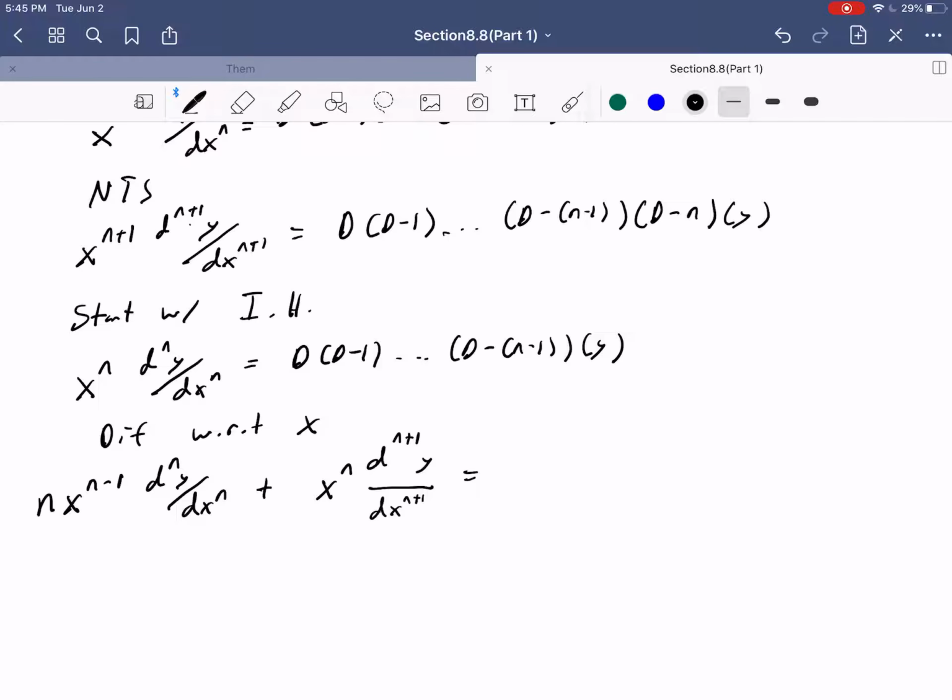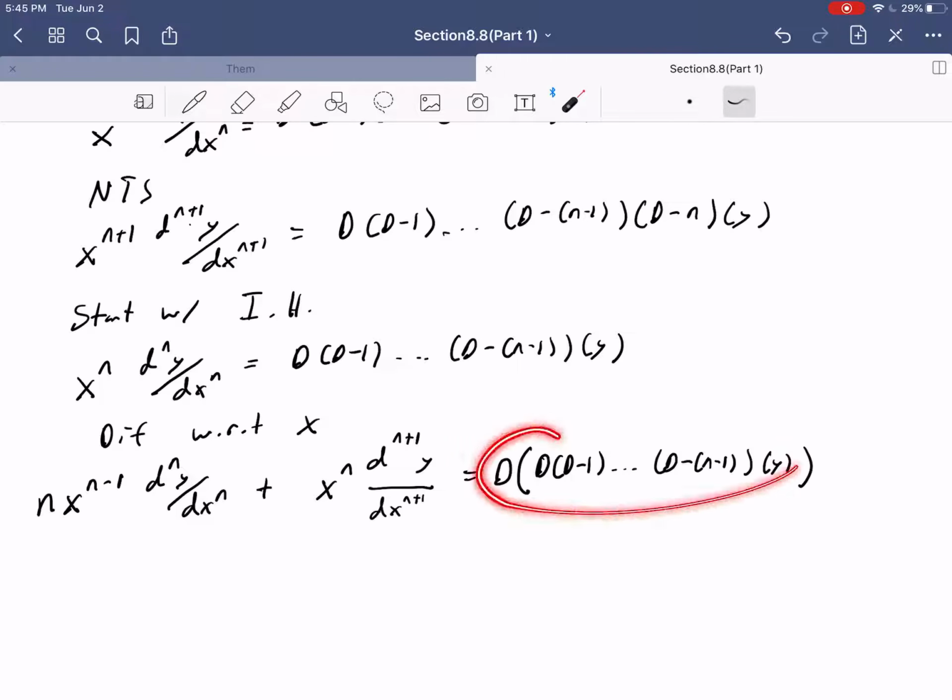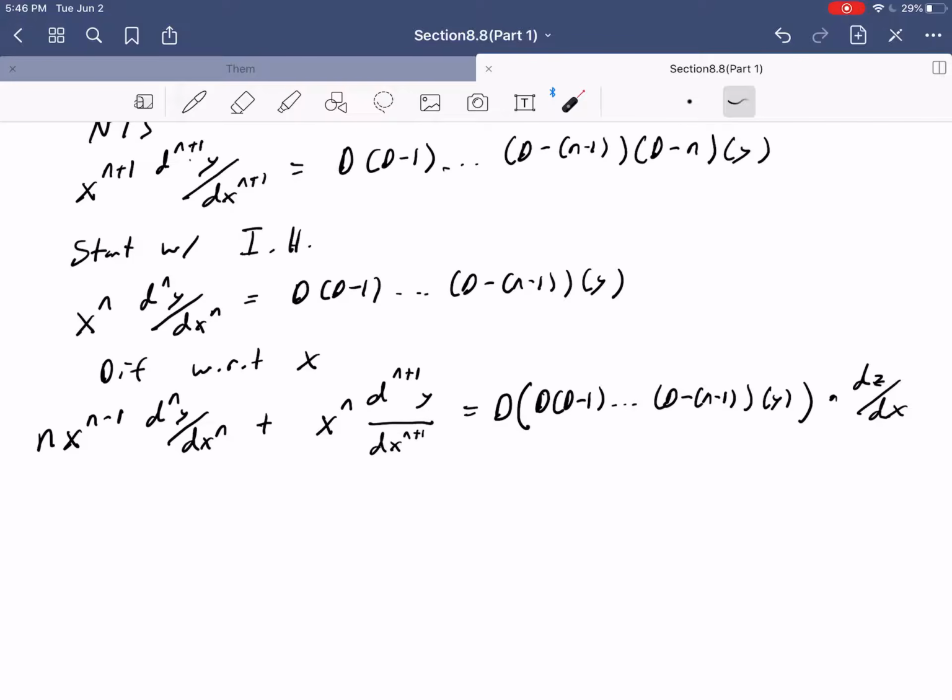So when we apply the derivative here, we're going to get d of all this stuff, (d minus 1) through (d minus n plus 1) of y. So that's another derivative with respect to z, and then we're going to get times dz/dx. That's the chain rule: take a derivative of y with respect to z, and then the derivative of z with respect to x. So let's clean that up a little bit. What is the derivative of z with respect to x?